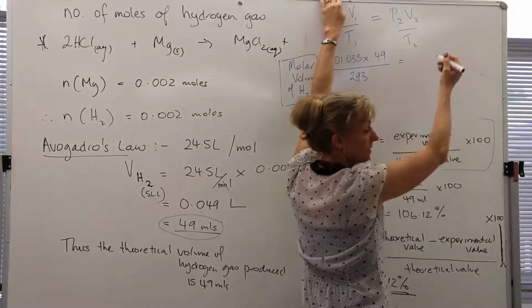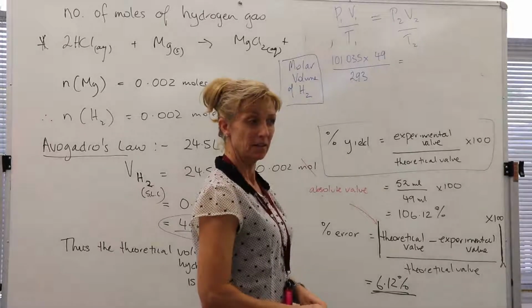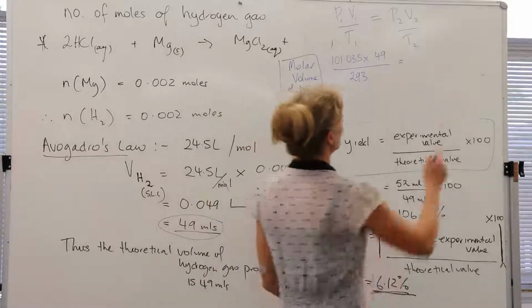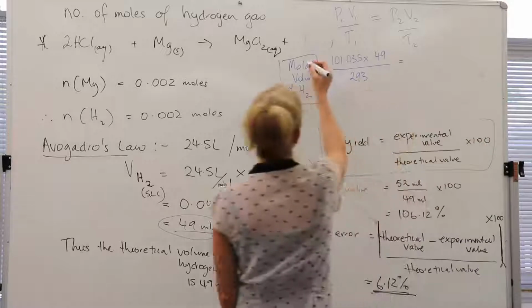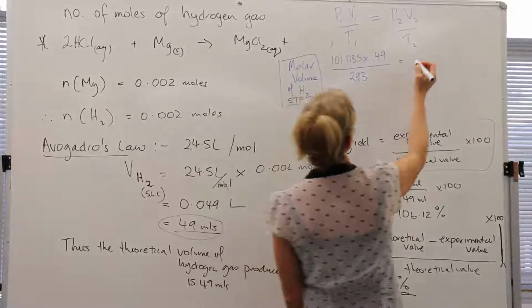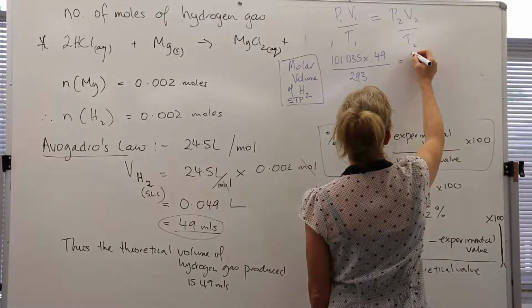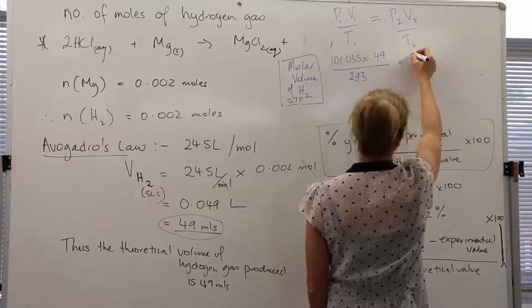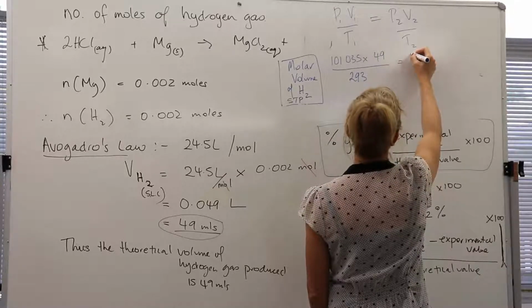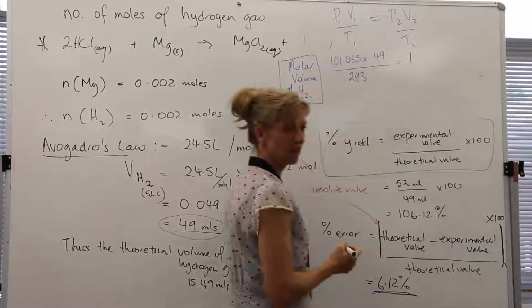So are we changing it to STP or SLC? Do you want to do STP instead? Yeah? So we want to know the molar volume of hydrogen at STP. What am I going to put in for pressure? It's the same for SLC or STP.